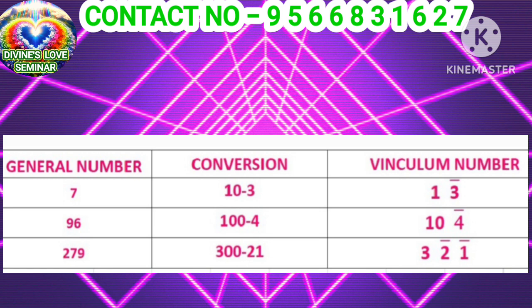How will you write it? 3, 2, 1. On 3 we should not put a bar. Above 2 you have to put a bar, above 1 you have to put a bar. Then only that is 300 minus 21, which is 279 in general number. Hope you understood.